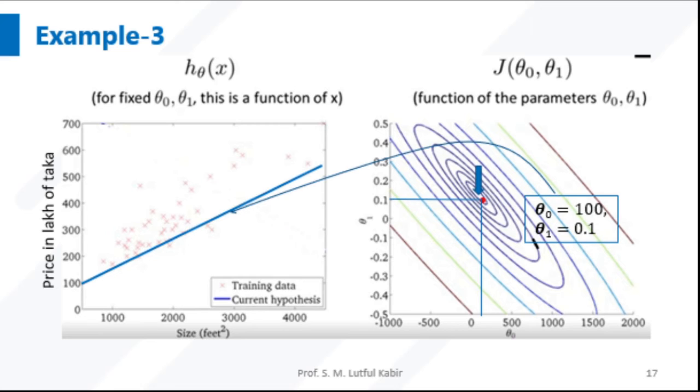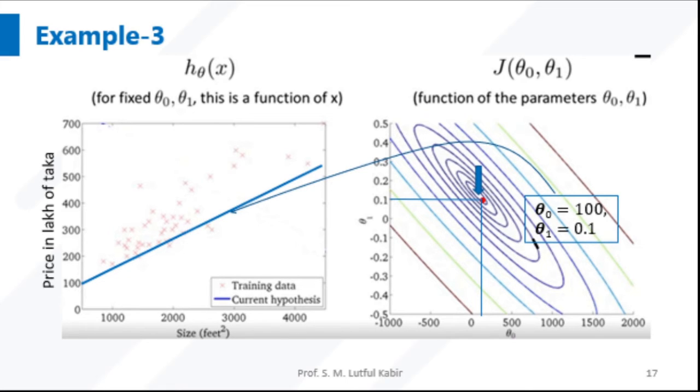This is not such a bad fit to the data, where for a particular value of theta 0 and theta 1, we get a particular h of x, and this is not quite at the minimum, but is pretty close. And so the sum of squares error, or sum of square distances between my training examples and my hypothesis, is the sum of square distances of all of these errors.